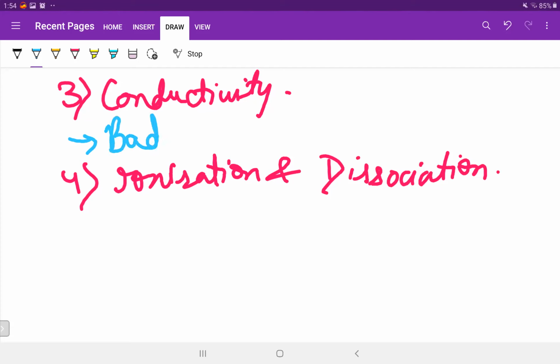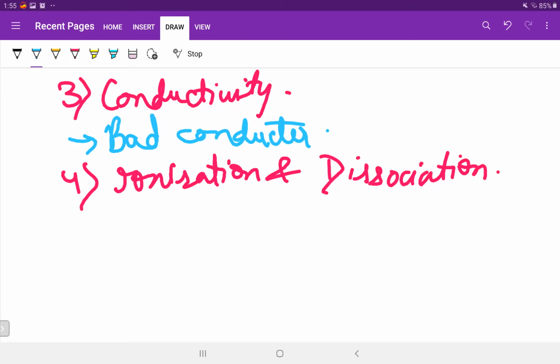I'll tell you the reason. Why are they bad conductors? They are bad conductors of heat and electricity in the solid state, because they are solid. They don't have any free ions to move, again the same reason, that they have a very strong electrostatic force.